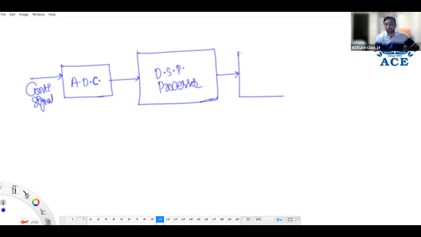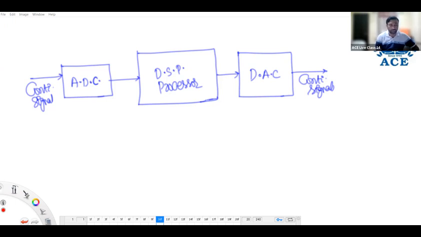Finally, it is given to a D to A converter to reproduce our continuous signal back. So we are transmitting continuous, we are receiving continuous. The middle world is discrete and digital.